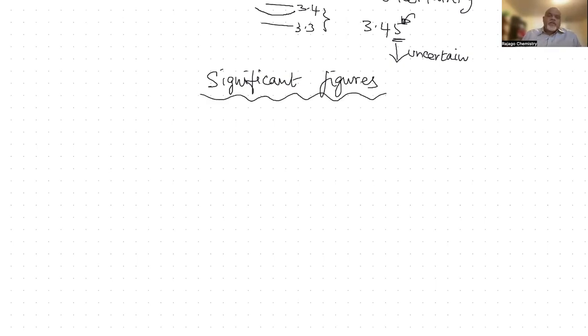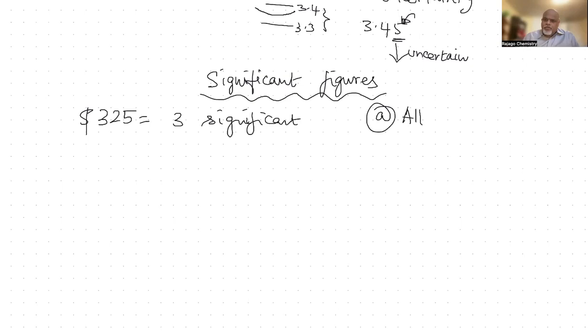What are significant numbers? Let's take a number, $325. We know that all three numbers are significant. The rules: all non-zero numbers are significant.